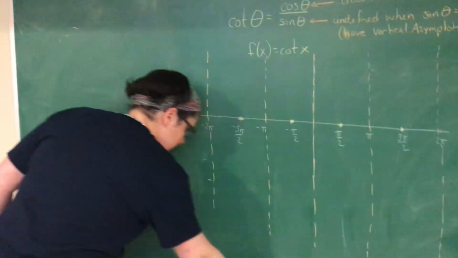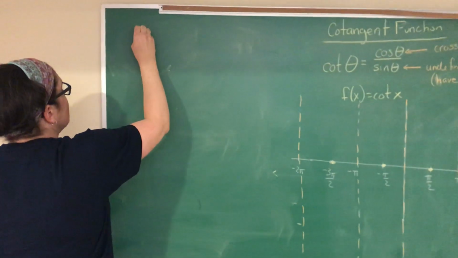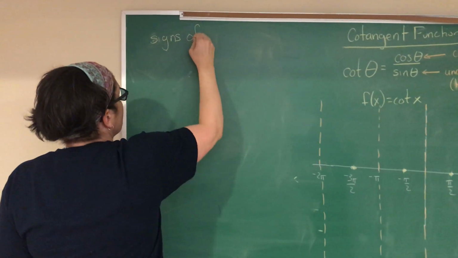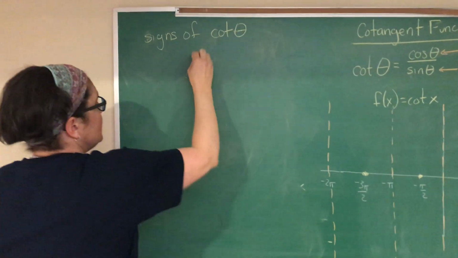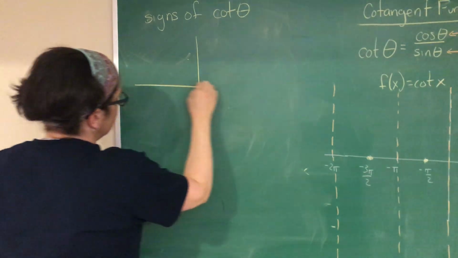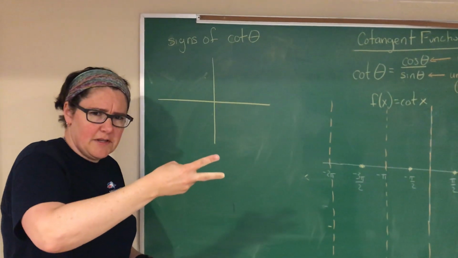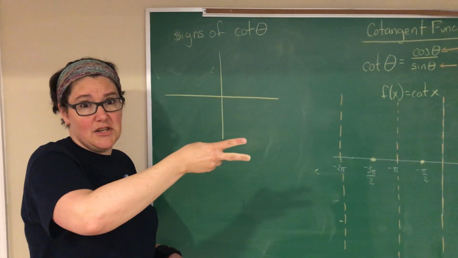Okay, so I can do this shading trick for this cotangent function as well. And so the sign of our cotangent function in each quadrant, well, cotangent is just the reciprocal of tangent. And when you do a reciprocal, it doesn't change signs.